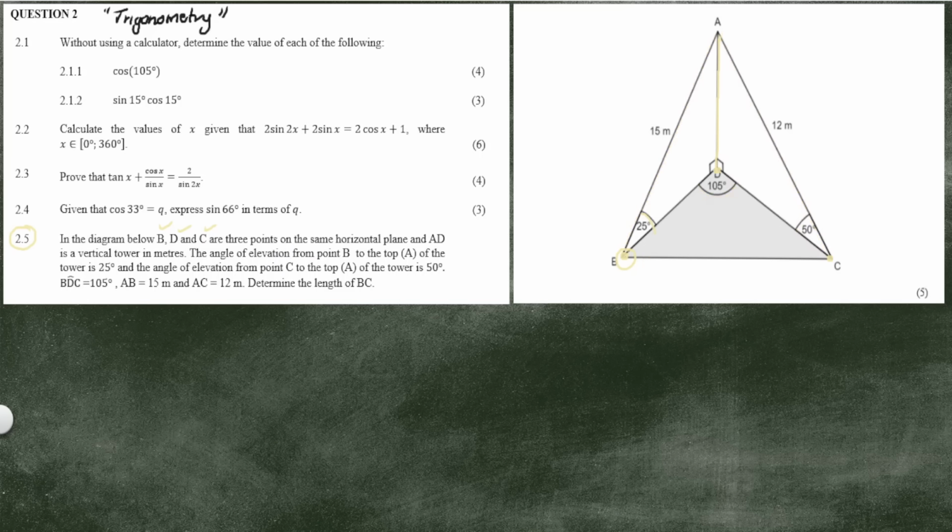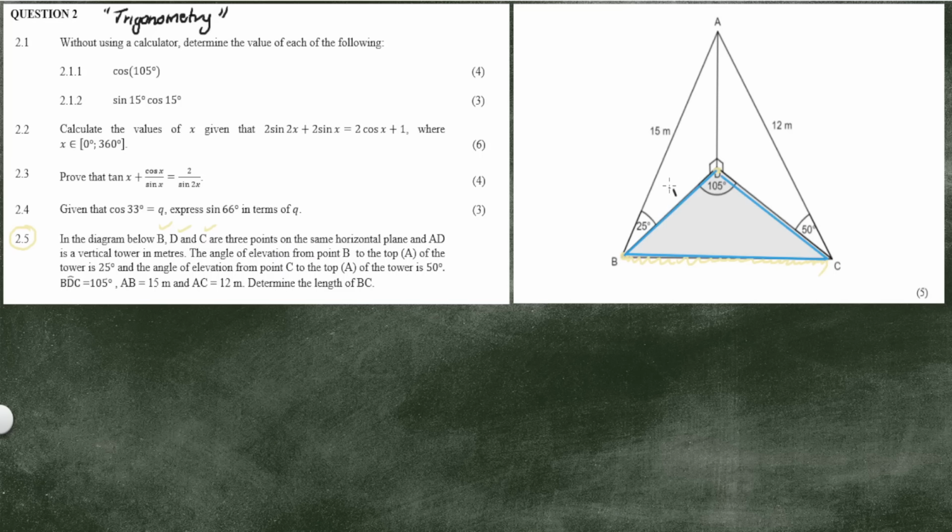Determine the length BC. We want to use the bottom triangle, the blue triangle, to work out the length BC. How do we do that? We need to calculate the length.